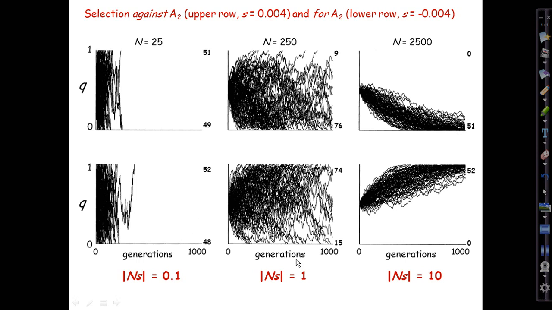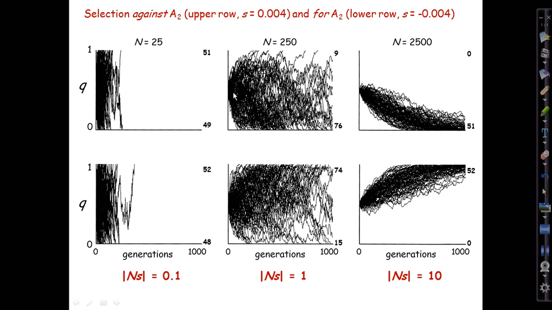In the middle-sized population, where the product of N times S is 1 in absolute value, this transition zone, some fix for the disfavored allele, many more fix for the favored allele, but it's not absolute.